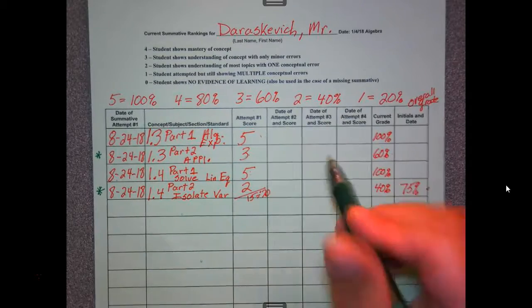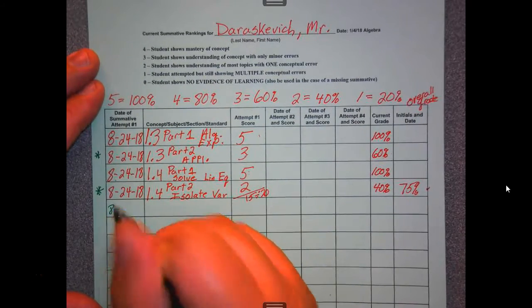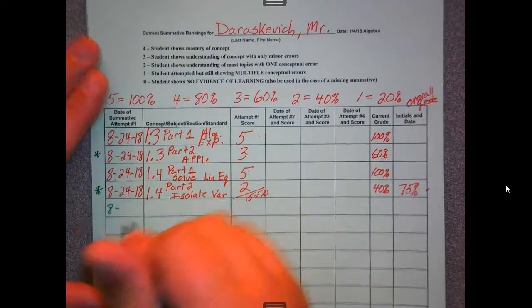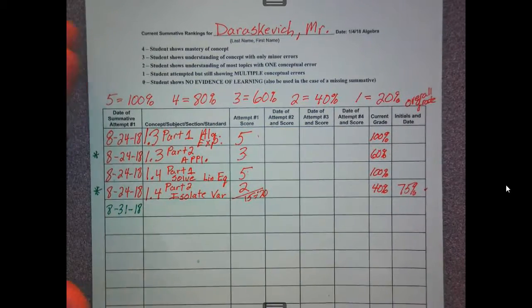So, say it's this Friday. It's not this Friday, but say it is this Friday. Now don't write this, because we're not going to have a quiz. This is just for example purposes. So say we're going to have a quiz this Friday. Okay, this is example purposes. Do not write this.